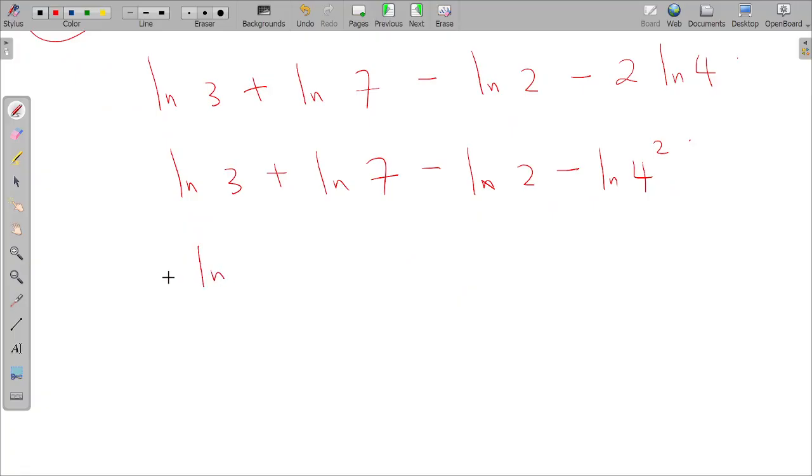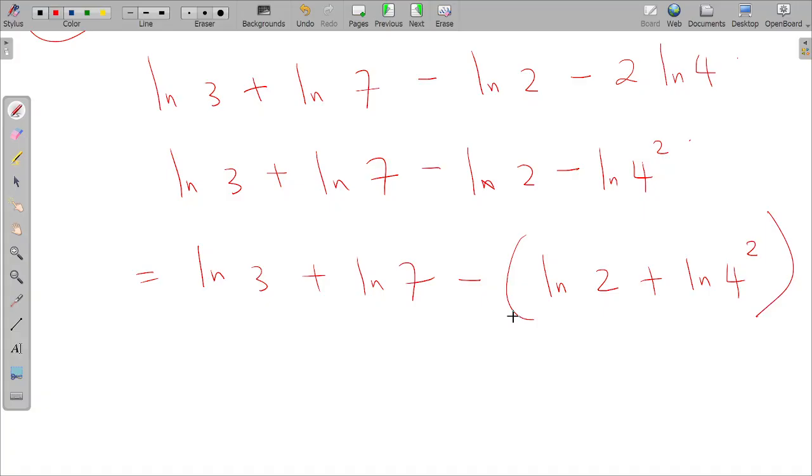Then we have ln 3 plus ln 7. This is minus and minus, so I can factor the minus out: minus the bracket of ln 2 plus ln of 4 raised to power 2.